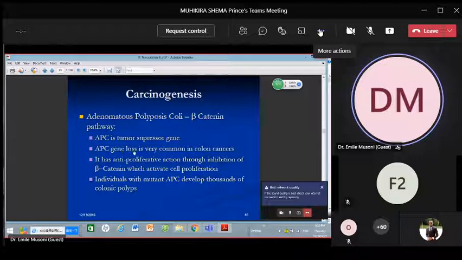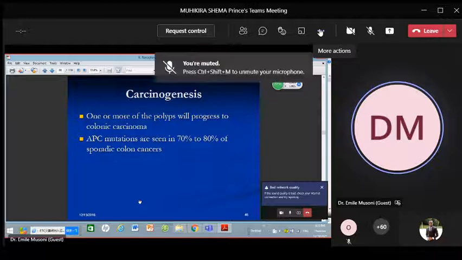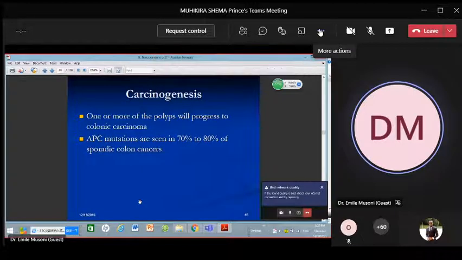APC gene loss is very common in colon cancer. It has an antiproliferative action through the inhibition of beta-catenin, which activates cell proliferation. Individuals with mutant APC develop thousands of colonic polyps. And one or more of the polyps will progress to colonic carcinoma, meaning that once you find a colon polyp and you analyze it, you have to check that there is no APC mutation.